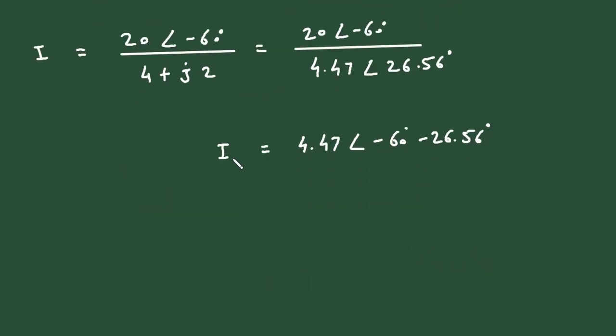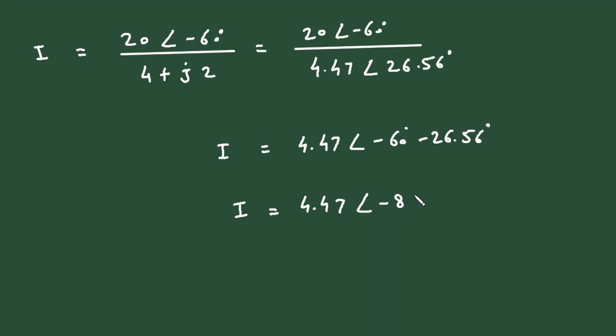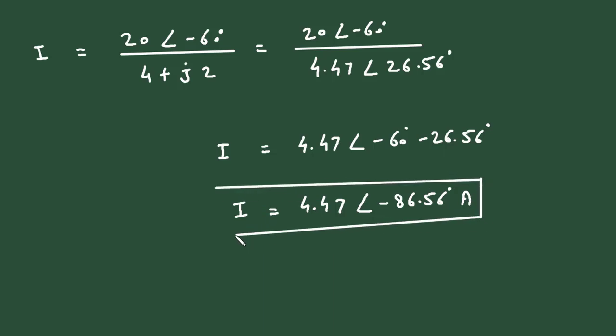So therefore I is equal to 4.47 at an angle, this will be minus 60 minus 26.56. So it is minus 86.56 degree, and since it is current, so its unit will be ampere. So this is the value of current in frequency domain.